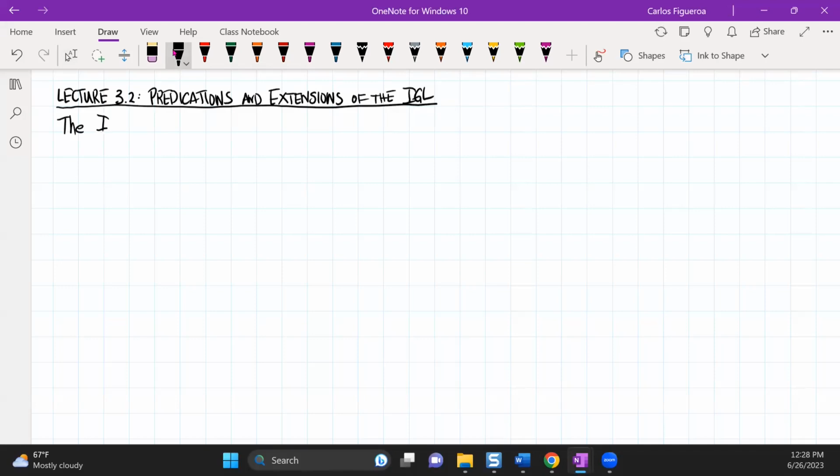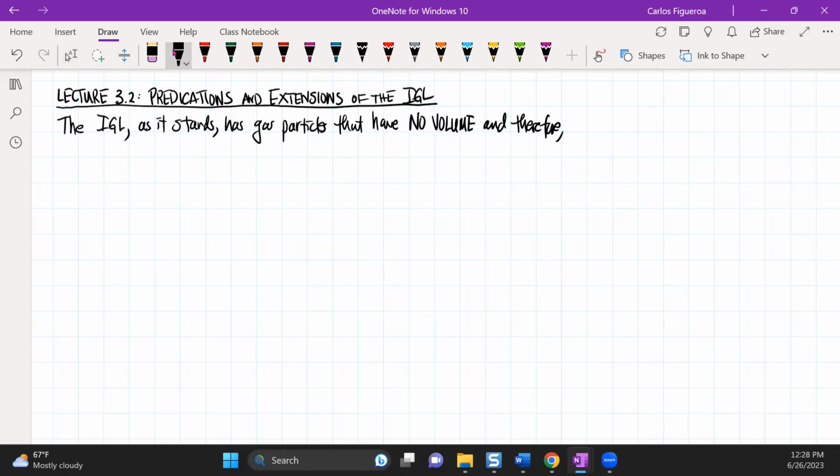The ideal gas law, as it stands, has gas particles that have no volume, and therefore can and do not collide with each other.